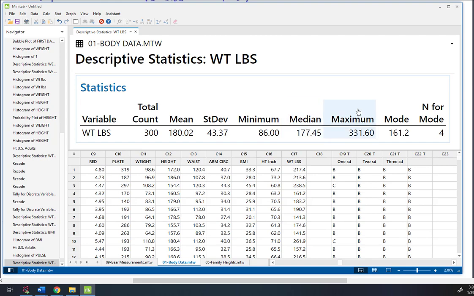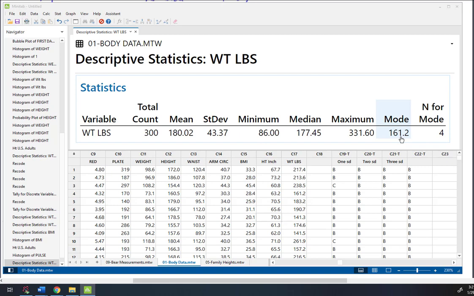If I wanted to find the range or the mid-range, I've got the minimum value and the maximum value, so I could add these two and divide by 2, and that would give me the measure of center we call the mid-range. And I see that the mode is 161.2, and that there were 4 observations at that modal value.